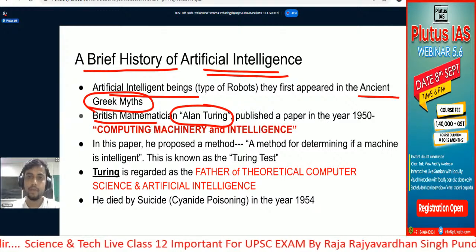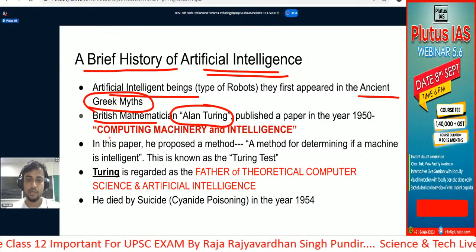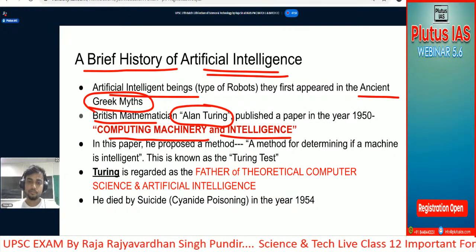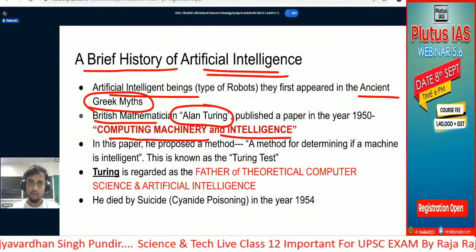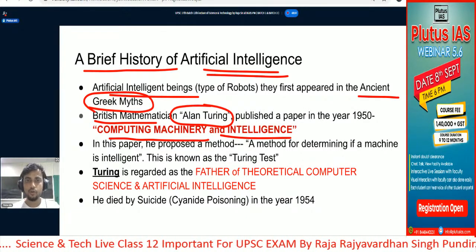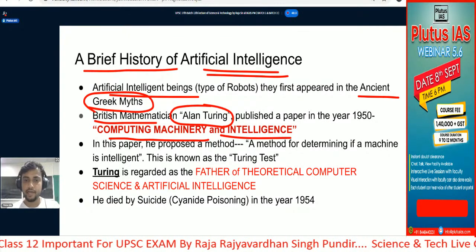He published a paper in 1950 called Computing Machinery and Intelligence. He was a genius, a computer scientist, a mathematician, and a theoretical biologist. He was very, very intelligent.